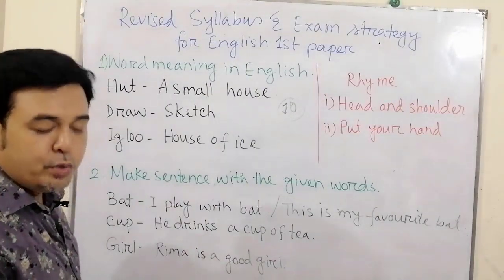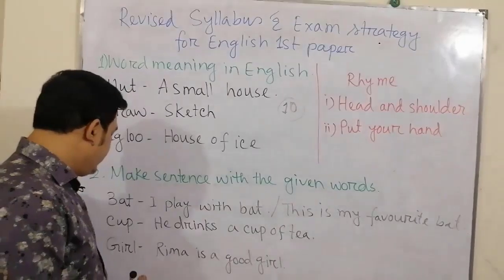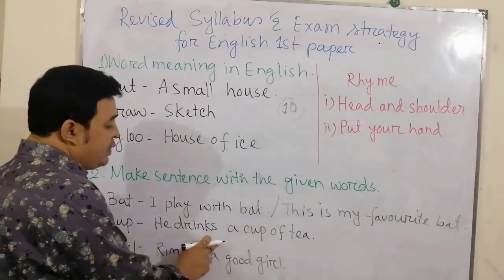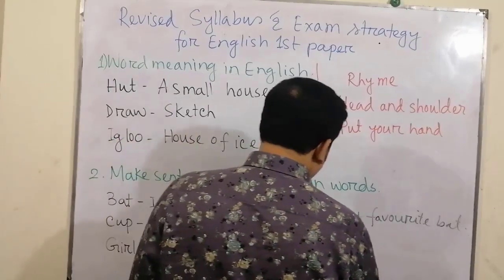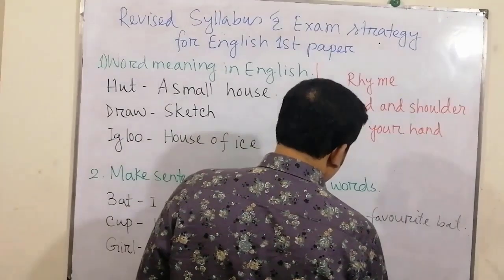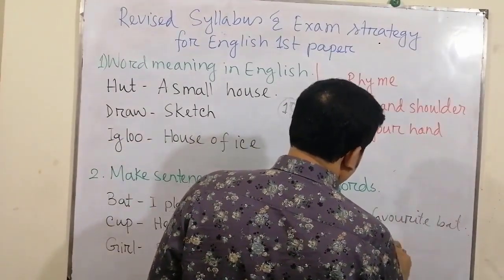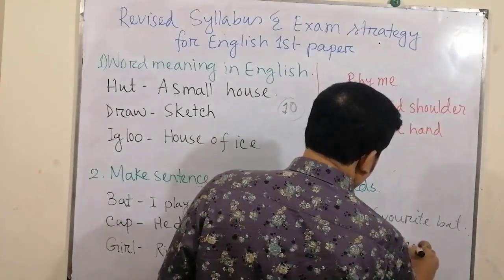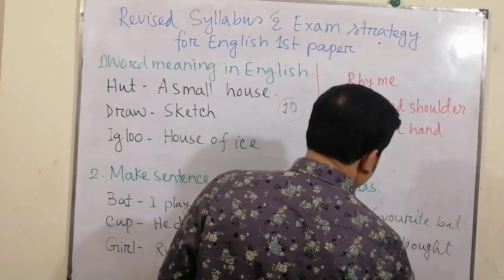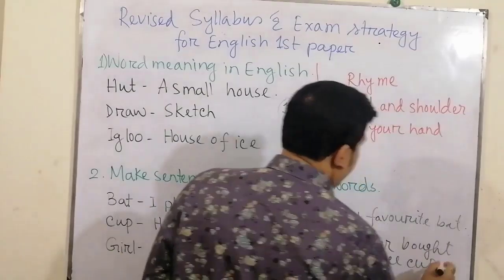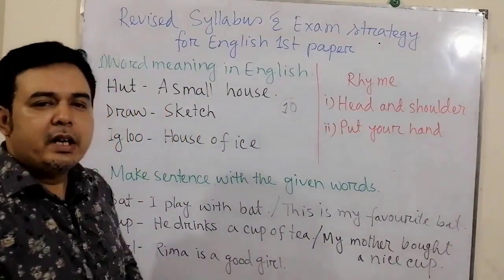The sentence should be meaningful and grammatically correct. For example, cup, he drinks a cup of tea. You can also write, my mother bought a nice cup. If you write like that, that will also be correct.